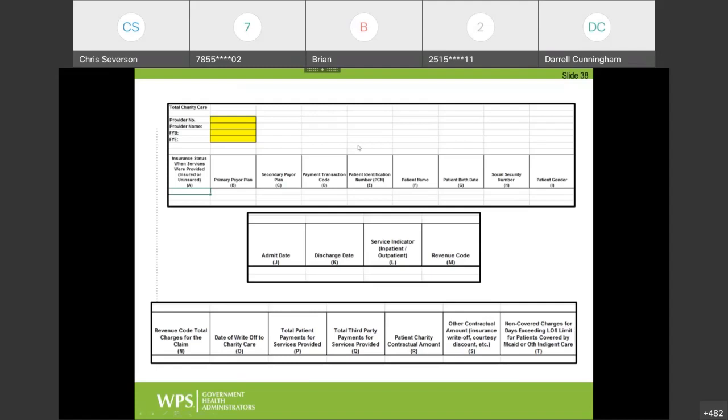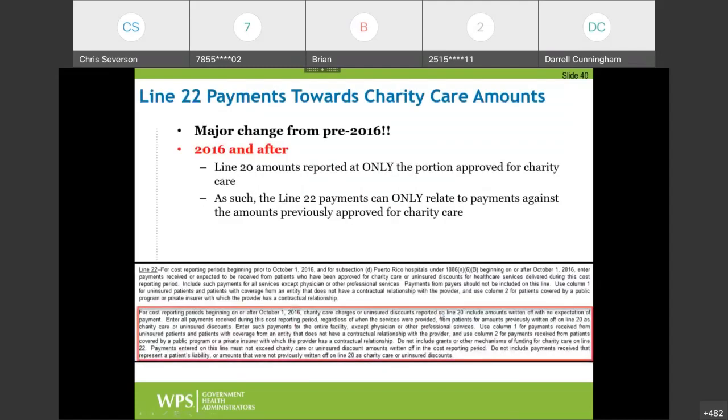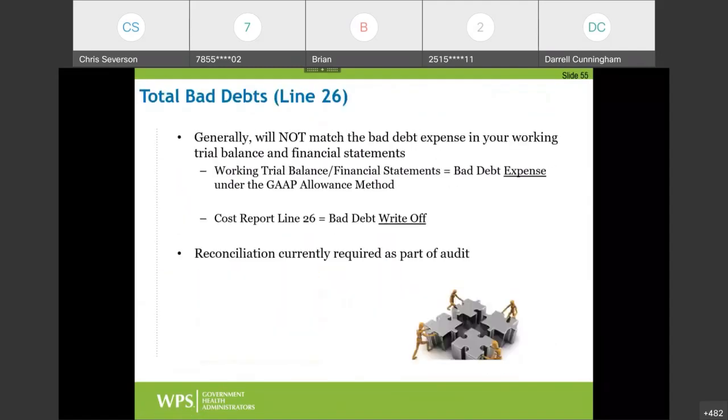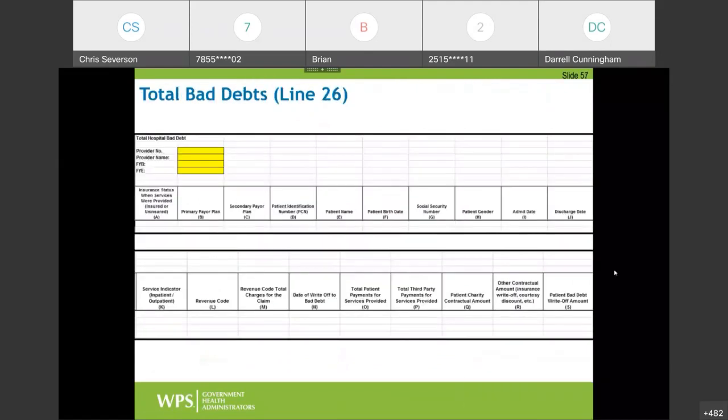These are only the ones written off this period. But then when you get to your bad debt listing, this number right here, this charity contractual amount, this represents for these particular patients, how much charity care did they ever have approved? Because we're trying to back down to figure out what the write-off, what the allowable bad debt is.